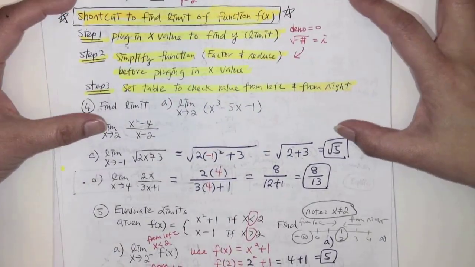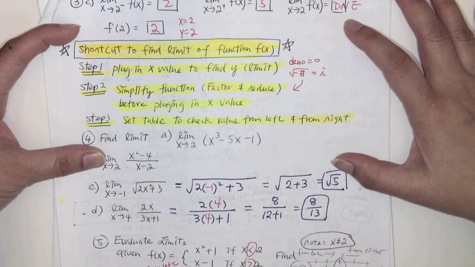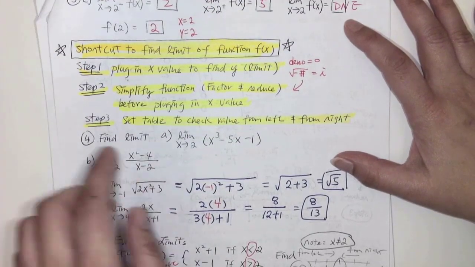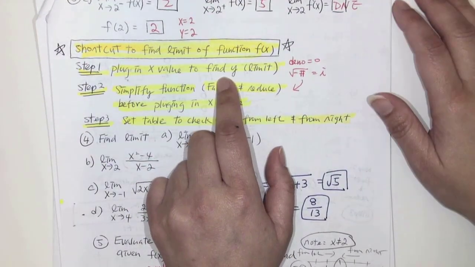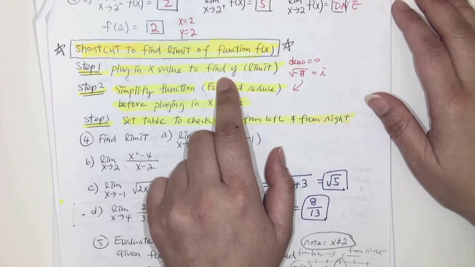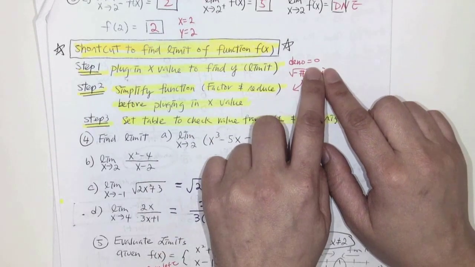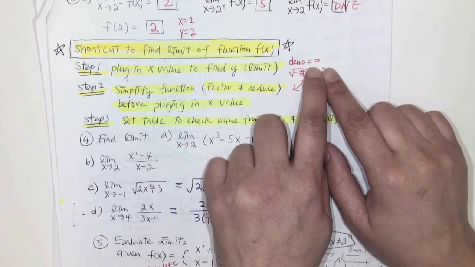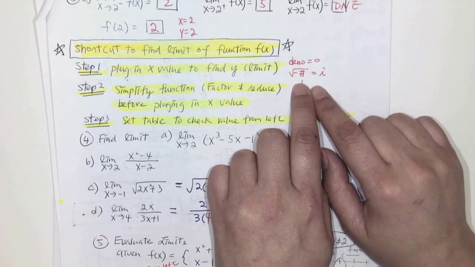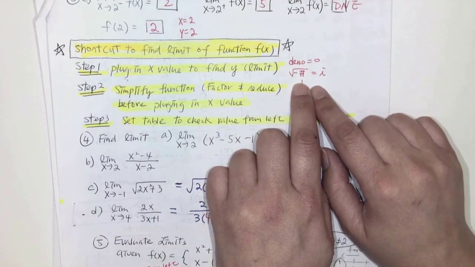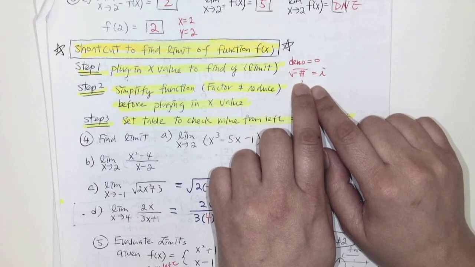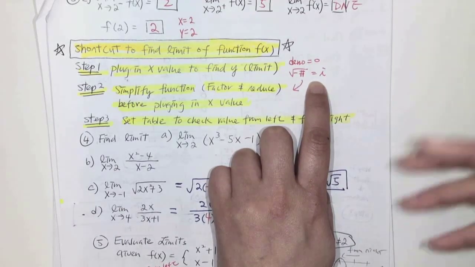Also, if you don't have a graph and you want to find limits, the first step is to try to plug in the x value. That would be the quickest way you can find the limits, but sometimes that does not work. What I mean by not working is if you get a denominator equal to 0, that would be undefined, right? Or if you have a negative value under a square root or even root, it will come with i or not a real number.